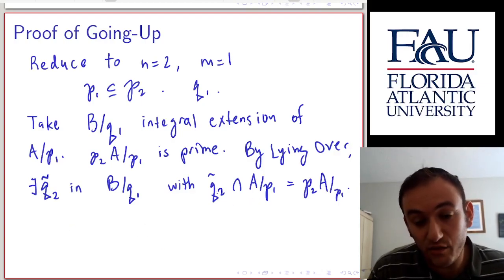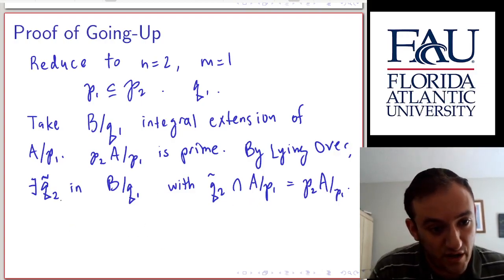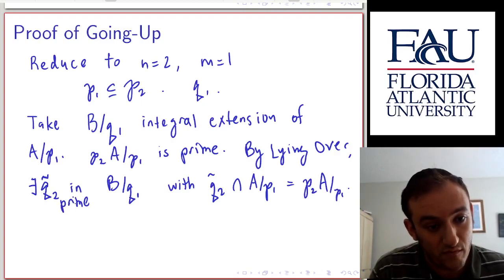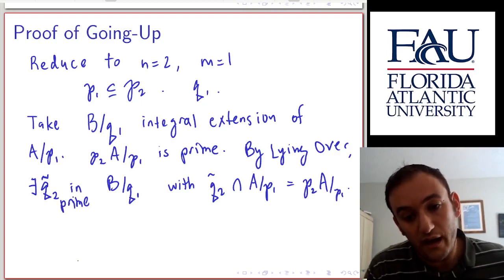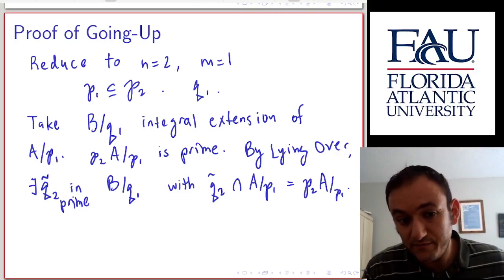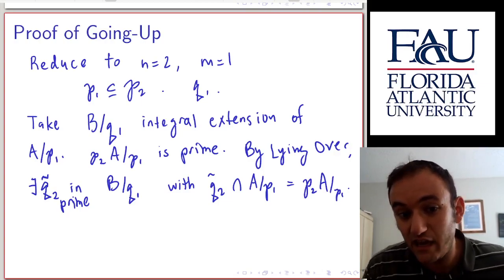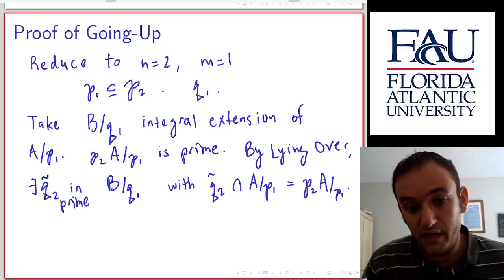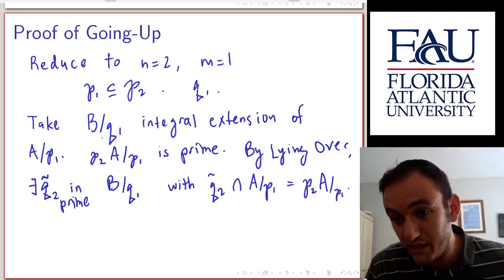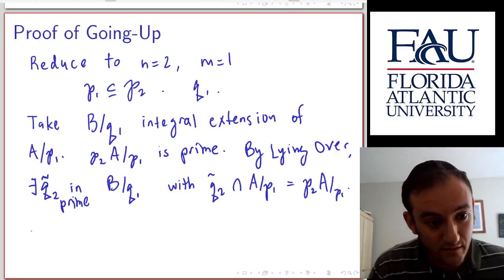And given that Q2 tilde is obviously prime by the lying over theorem, taking that Q2 tilde, the correspondence theorem gives us another prime ideal in the original ring B containing Q1.